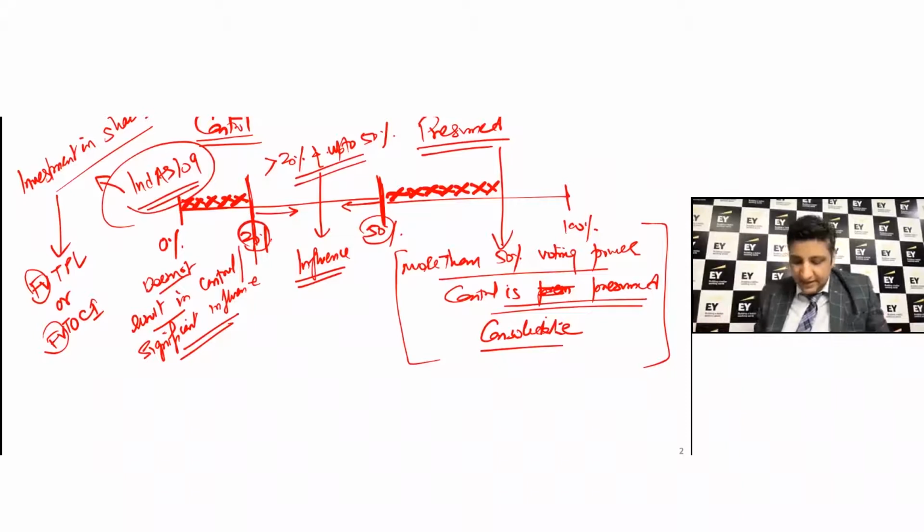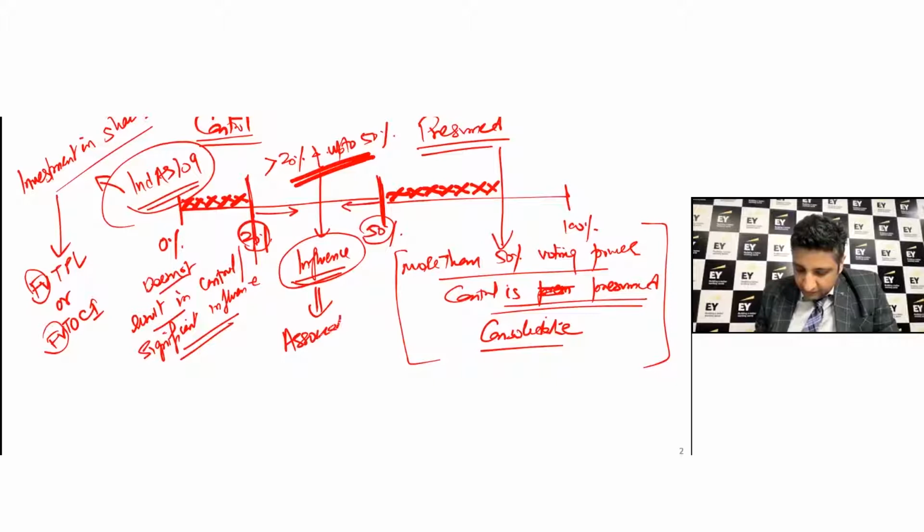But then again, from a benchmarking perspective, we are saying that if you are a shareholder with more than 20% shares and let's say up to 50% shares in another entity, you are in a position to significantly influence the decision making of that company. And that is where this becomes an example of an associate.